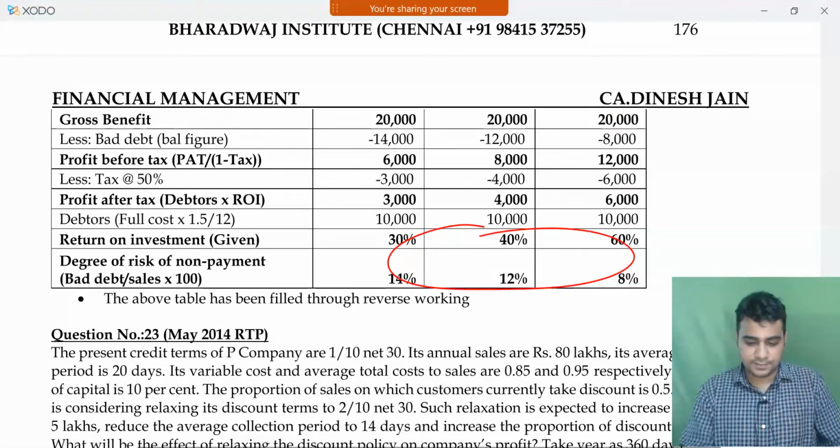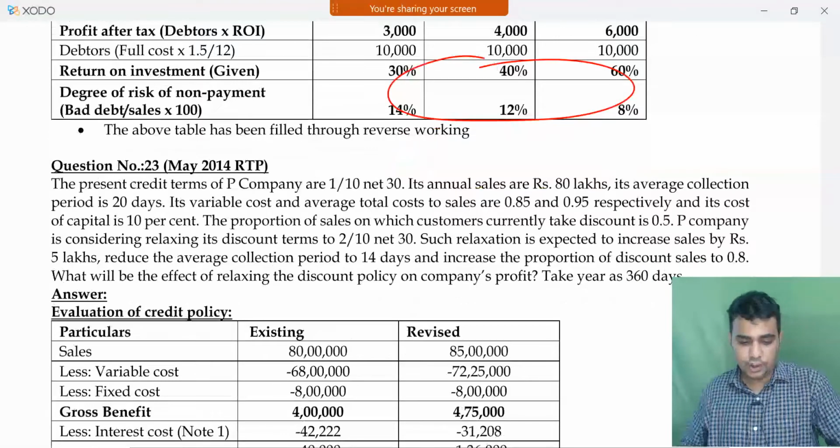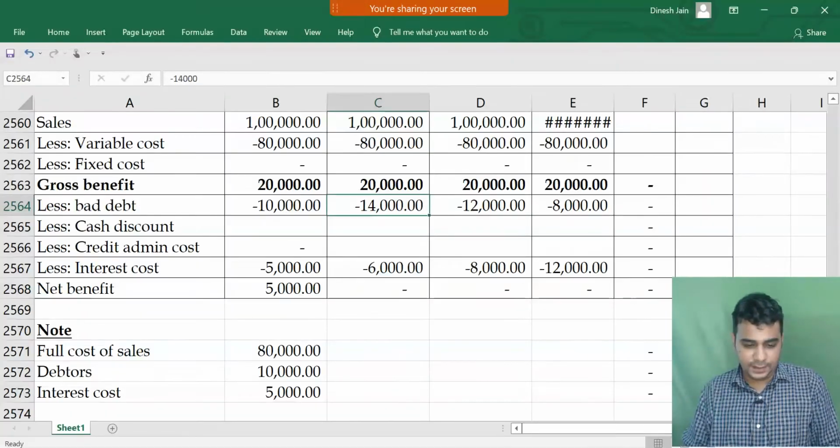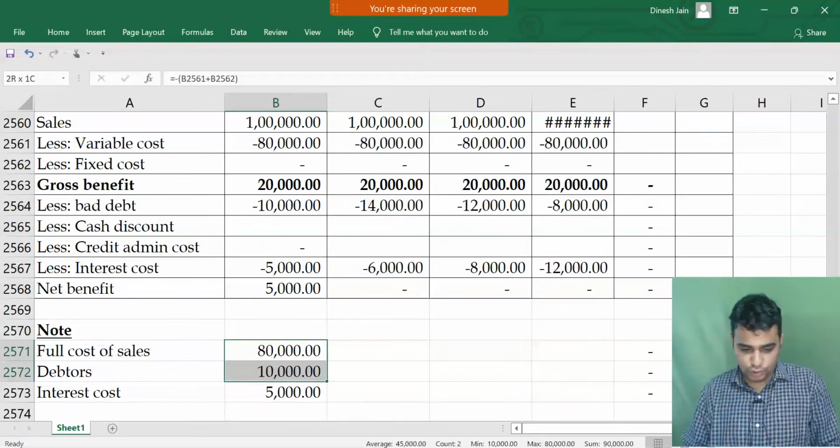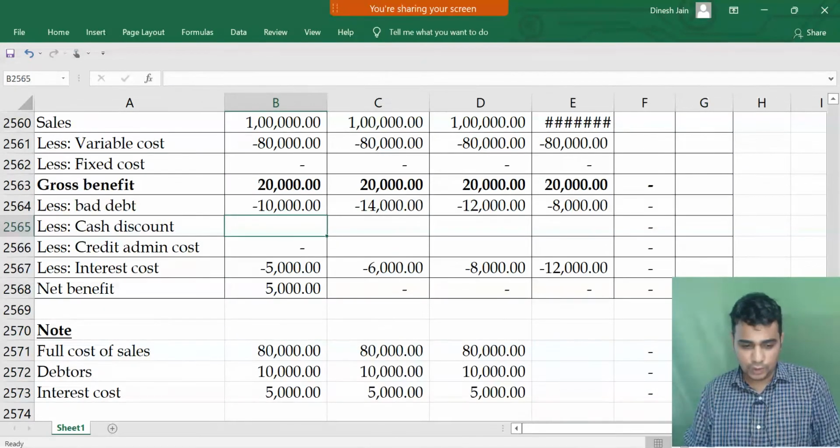14, 12 and 8. Okay, go through question 23 and put it in that format. Quickly do it.